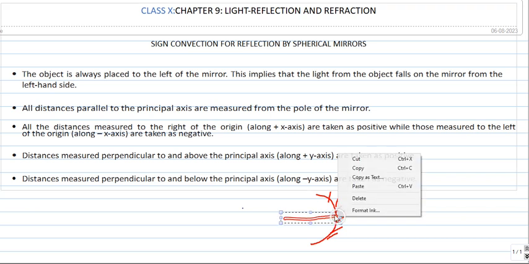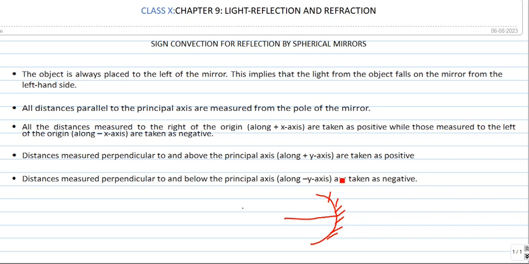Say this is, we will call this P, the pole of the mirror, and this axis we all know as the principal axis. So these two are important points to be noted to know the sign convention.